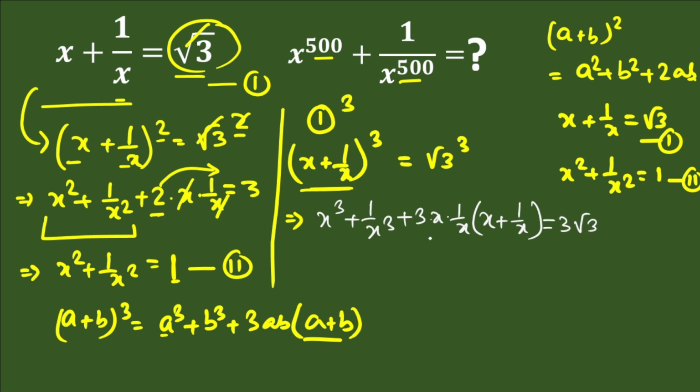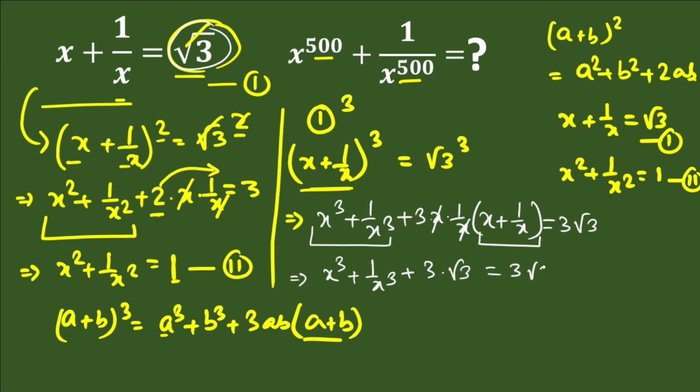Now let's simplify it. Here x and 1 over x will cancel, and in place of x plus 1 over x we can write square root 3. So our next step is x cube plus 1 over x cube plus 3 times square root 3, and on the right hand side it is 3 square root 3.